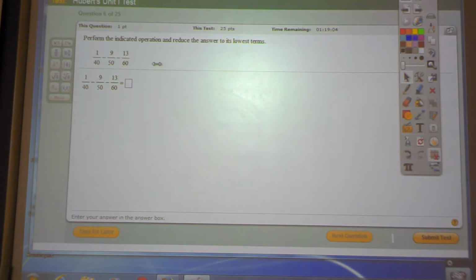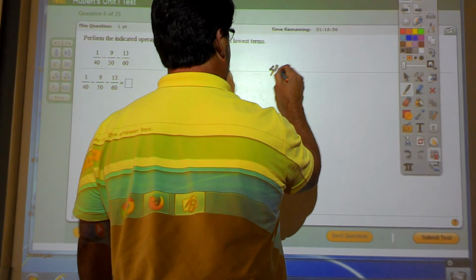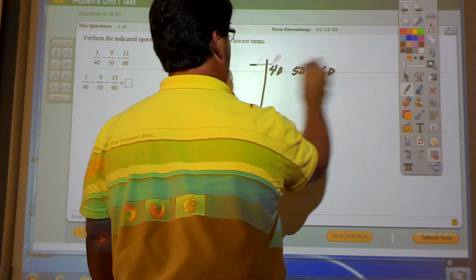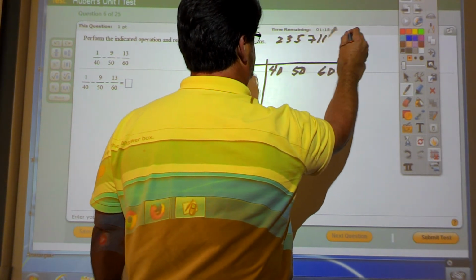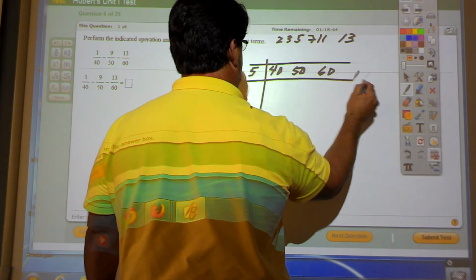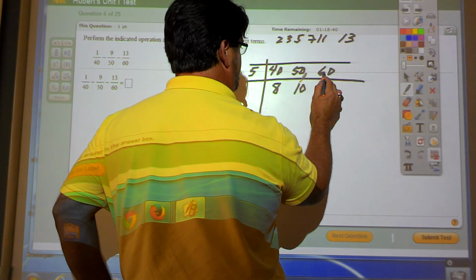All right, common denominator. Let's go ahead and find it the old-fashioned way, not guessing. So 40, 50, and 60. The primes are 2, 3, 5, 7, 11, and sometimes 13. Well, I'm gonna go with 5. 5 will go in there how many times? 8, 10, and 12.